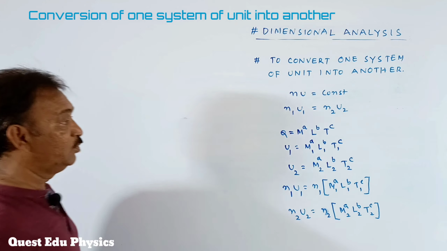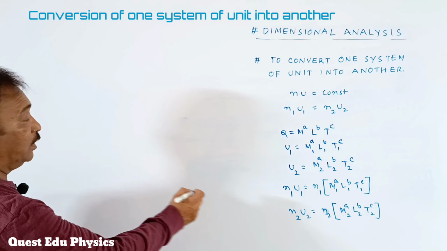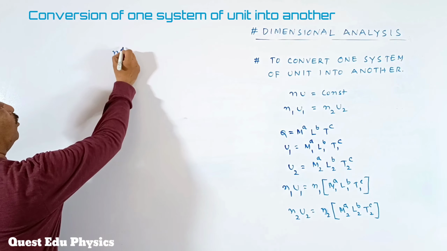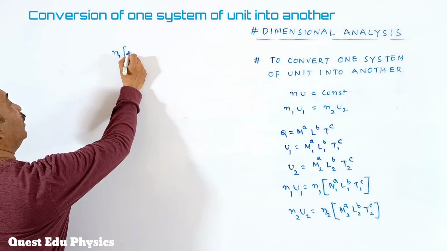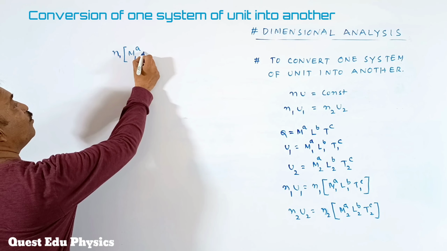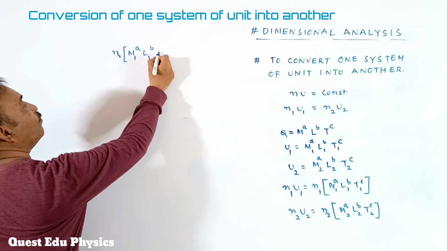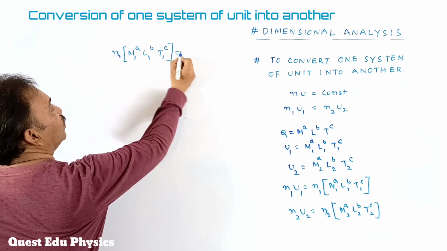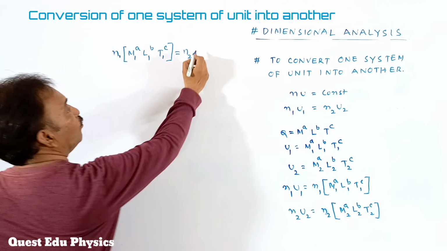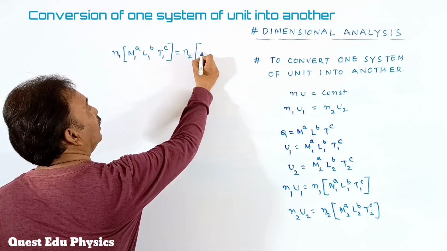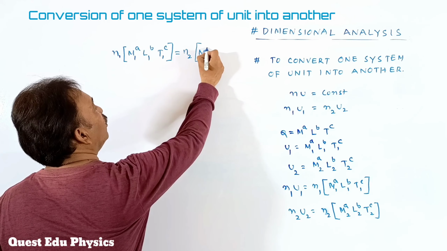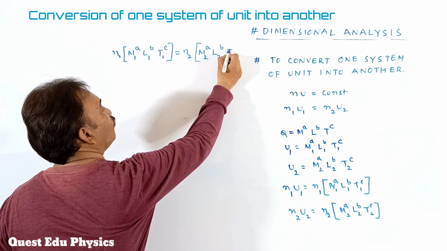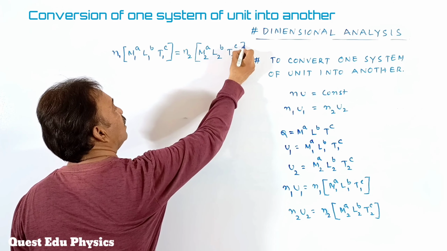Now we are comparing these two, equating them. Then we can write it as n1 multiplied with M1 to the power of a, L1 to the power of b, T1 to the power of c is obviously equal to n2 of M2 to the power of a, L2 to the power of b, and T2 to the power of c.